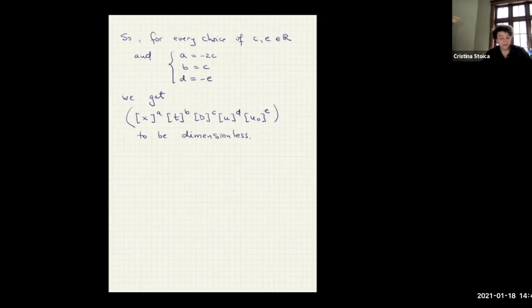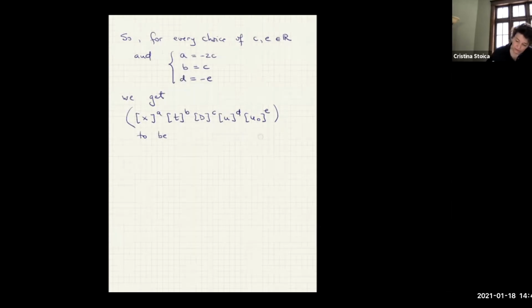Okay, all right. So it's a dimensionless quantity. So in other words, not dimensionless, sorry, that's stupid of me.